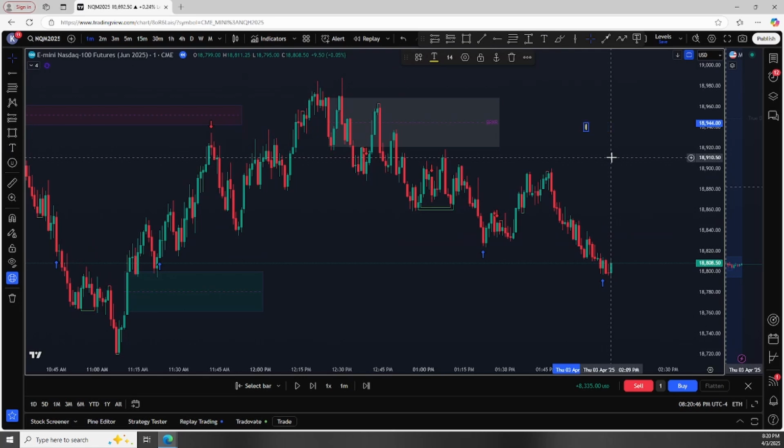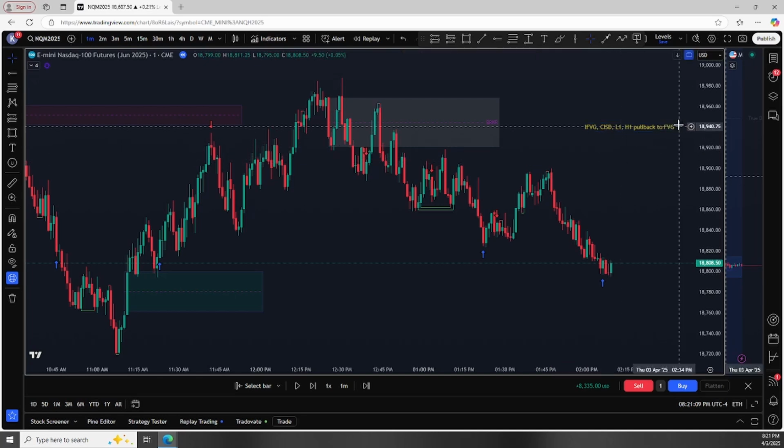You wait for an IFVG, you wait for change in the state of delivery, you wait for an L1 and H1. After it pulls back, pull back to FVG.